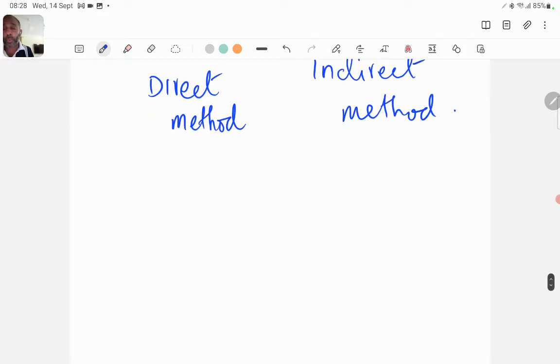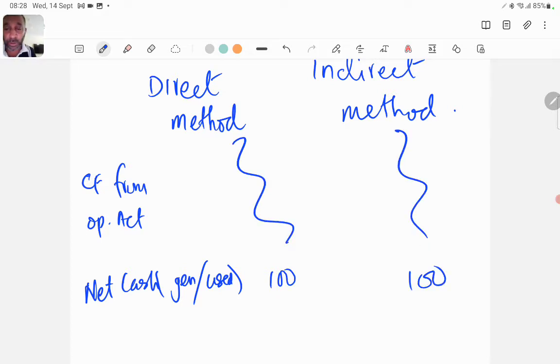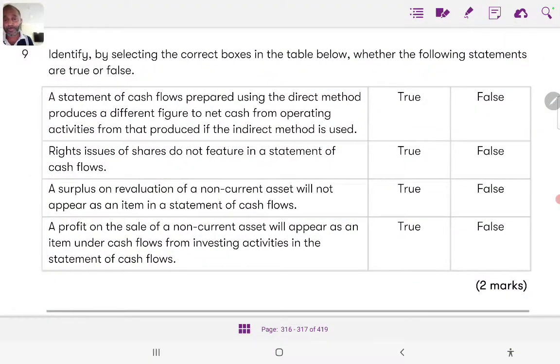Under cash flow from operating activities, when we arrive at net cash generated or used, the answer must be the same. The way we arrive at it and the numbers are different, but the final answer should be the same. So when you read this statement, that the methods produce different figures for net cash from operating activities, the answer is false.